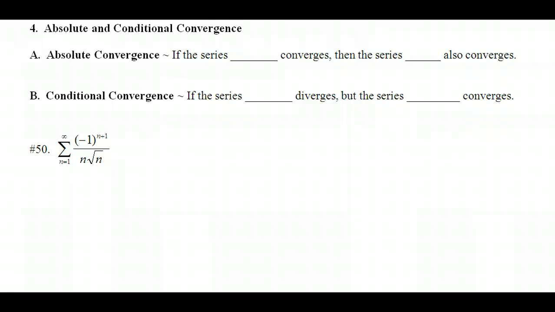So basically, in our series we have the summation of the absolute value of a sub n. With the absolute value, we don't have to worry about the alternating portion of it. If this thing converges, then the series a sub n also converges.